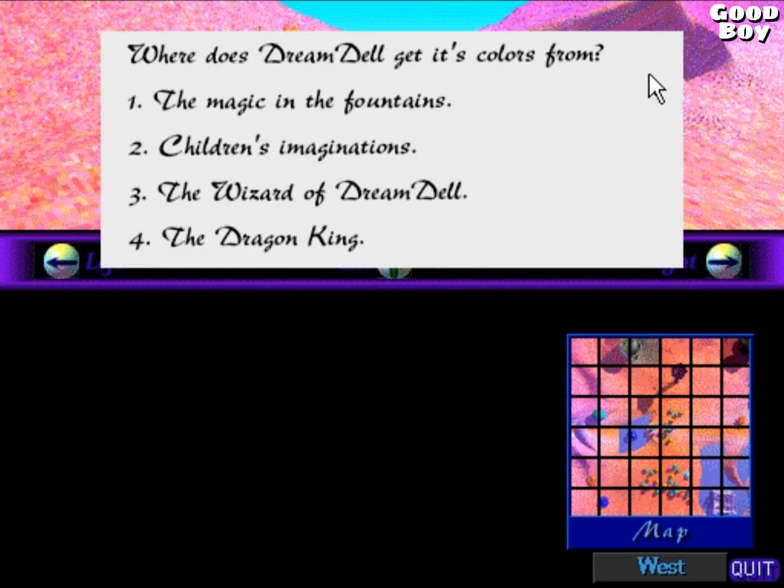Where does Dreamdell get its colors from?